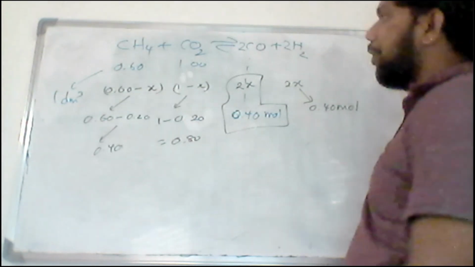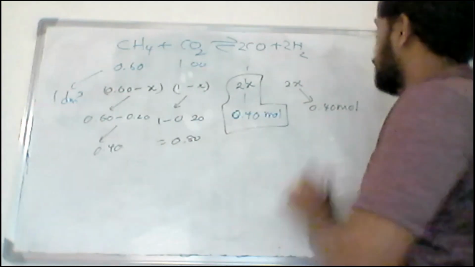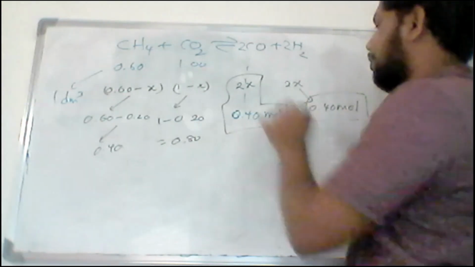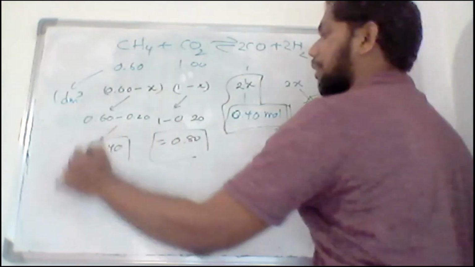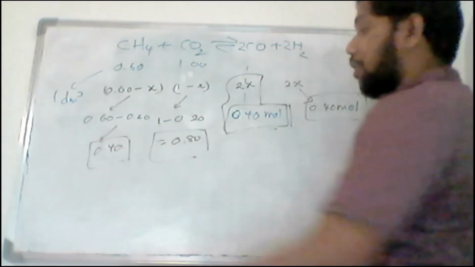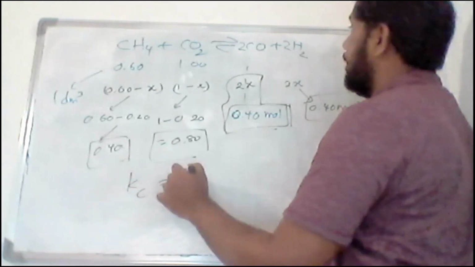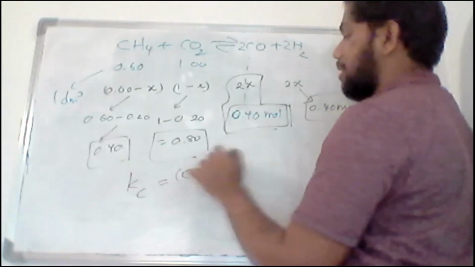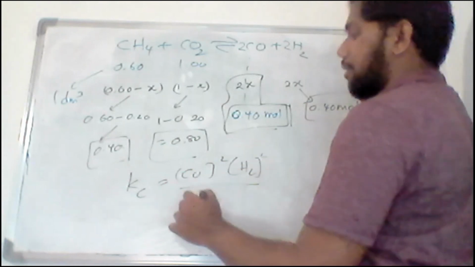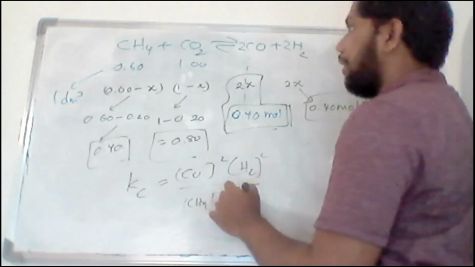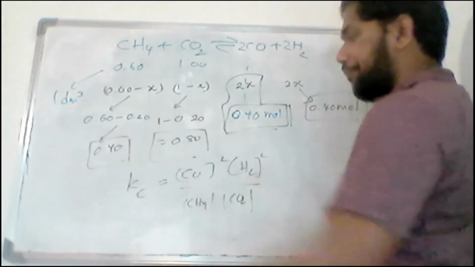Then what you can do here is, you know the number of moles: 0.4, 0.4, 0.8, and 0.4. So our Kc expression could be the concentration of CO gas to the power 2, H2 gas to the power 2, over the CH4 concentration and the CO2 concentration.